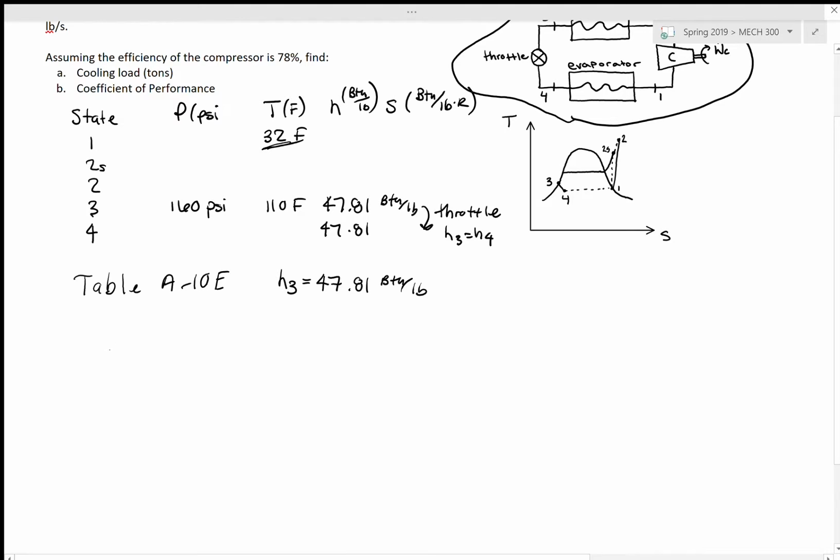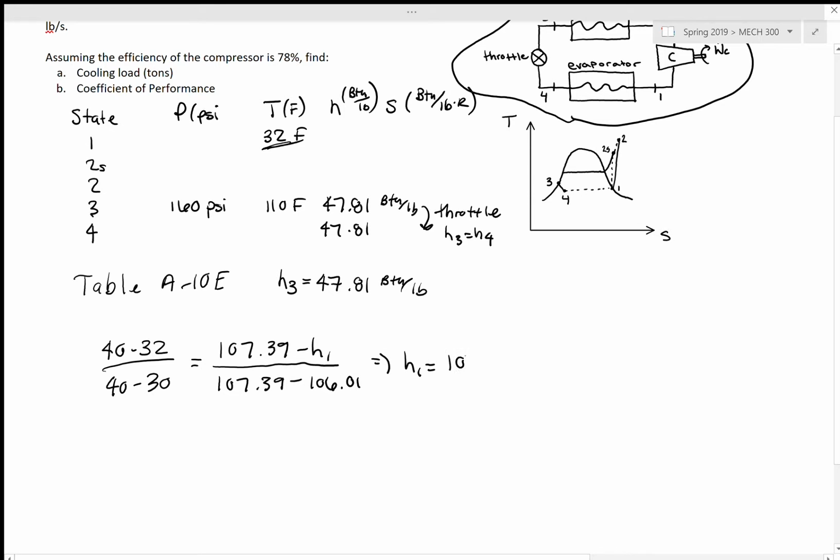So when we do that, we're going to have (40 minus 32) over (40 minus 30) is equal to (107.39 minus our enthalpy value at state 1) over (107.39 minus 106.01). And when we run that, we will get our H1 equal to 106.29 BTU per pound.